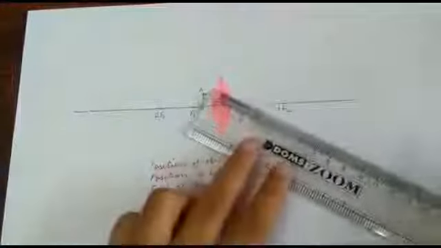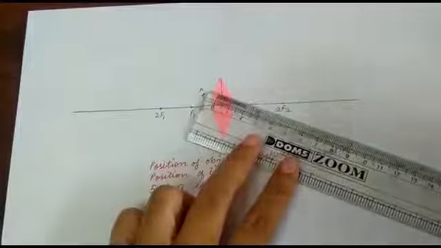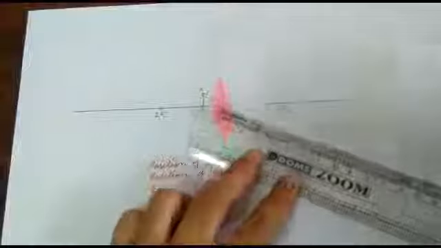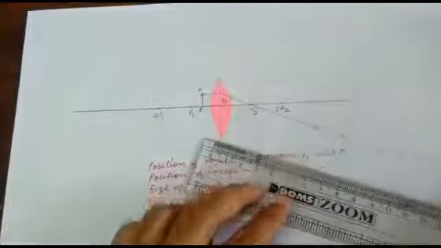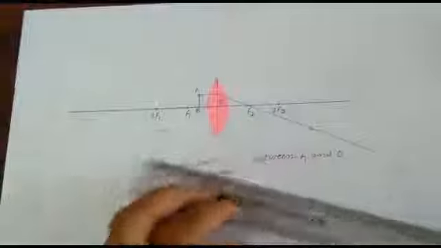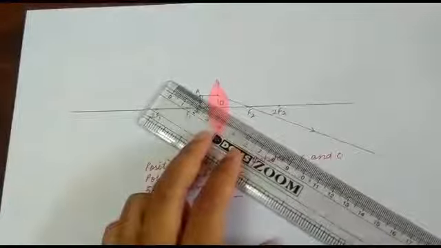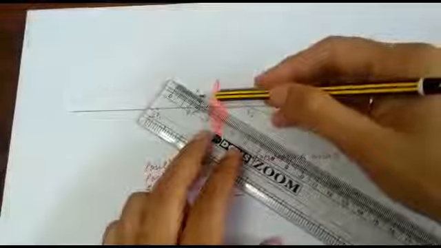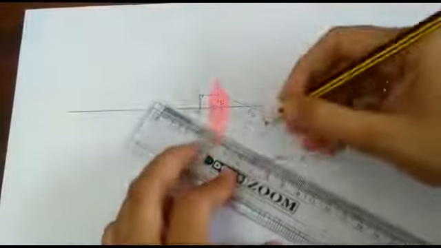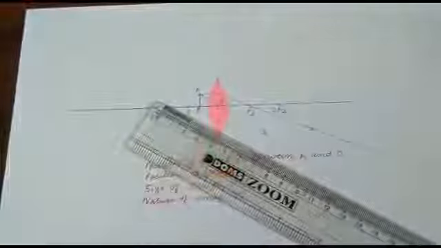After refraction, it will pass through the focus. And the second light ray is passing through the optical center, so it will move undeviated.